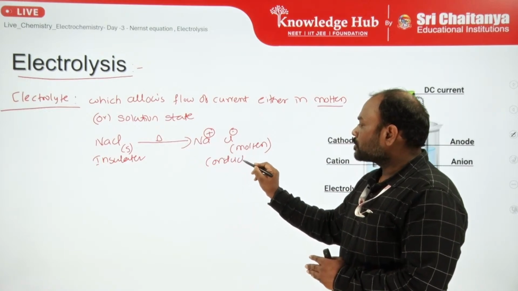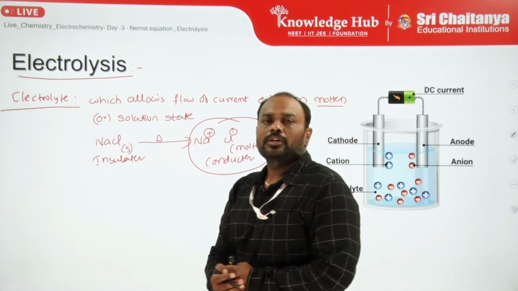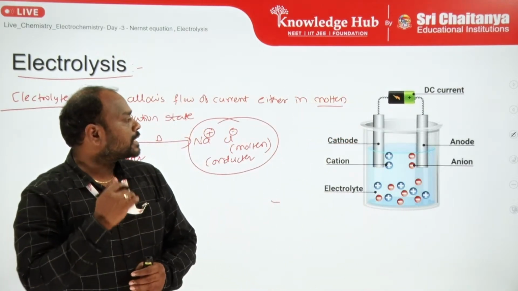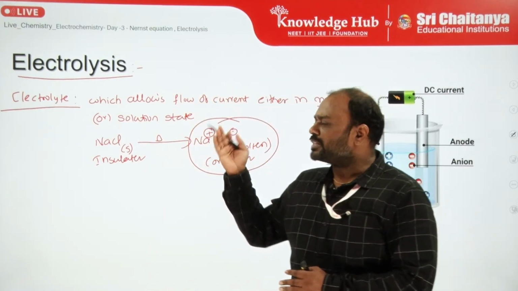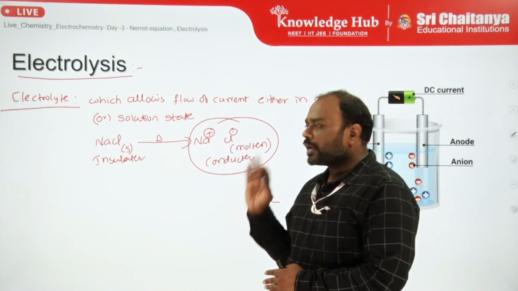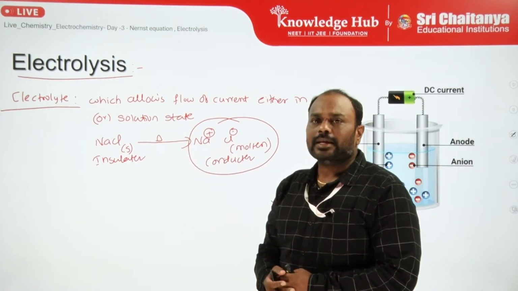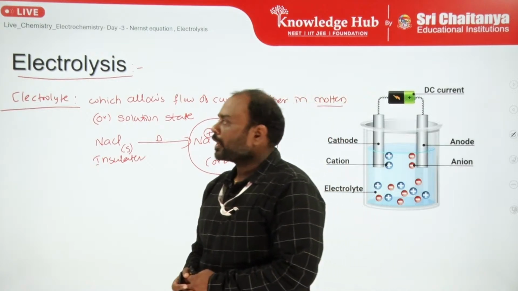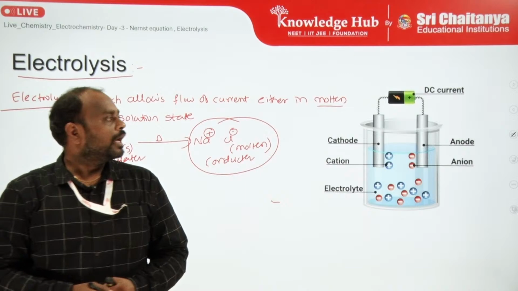Conductor. So this is acting as an electrolyte: the substance which allows the flow of current either in molten state or solution state. Solution means if you add water, you again get free ions, so current passes easily. So that one is acting as an electrolyte. Now what is the definition of electrolysis?